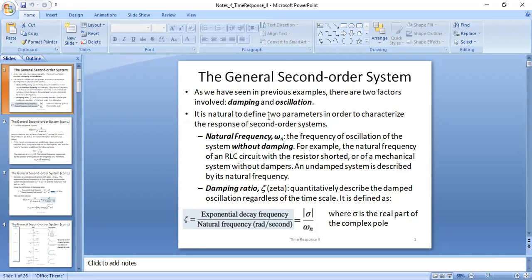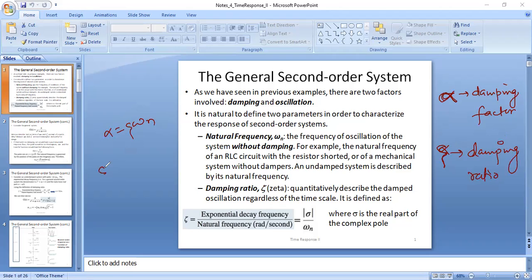I told you alpha, right? Zeta is the damping ratio. So alpha is zeta omega n, so zeta is alpha by omega n. In your PDF, alpha is nothing but sigma.